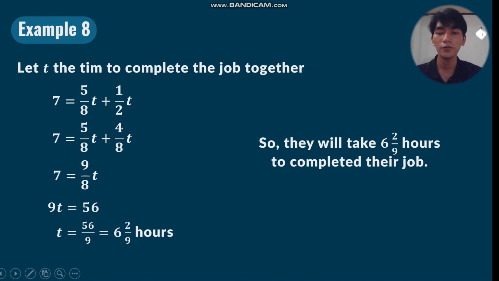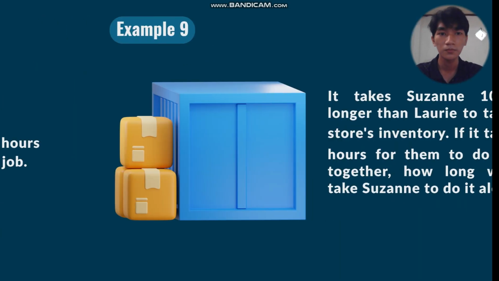So the value of 9t is 56, so the value of t is 56 over 9, and this is 6 and 2 over 9 hours. So they will take 6 and 2 over 9 hours to complete their job.